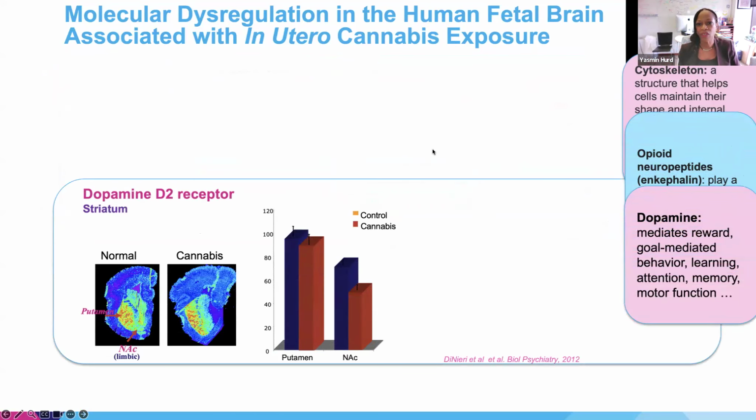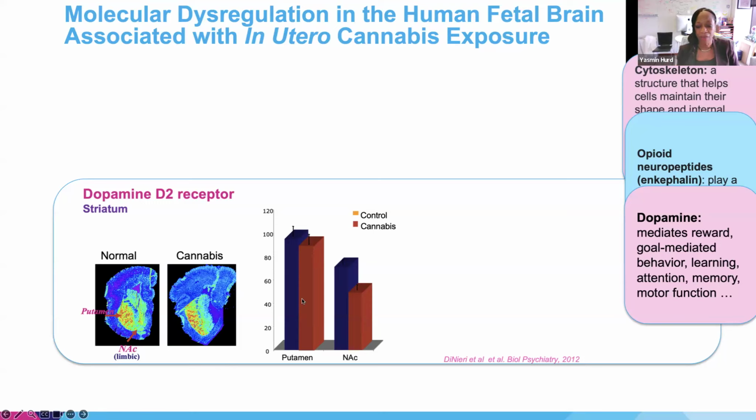We also see that in utero exposure to cannabis can change our endogenous dopamine system, and dopamine mediates reward, again, goal-directed behavior. But importantly, this reduction, for example, in the receptor that mediates the action of dopamine, often in adults with substance use disorders and a number of other related psychiatric disorders, there's this alteration in the dopamine D2 receptor. For many people it's the chicken and the egg: did these individuals have these impairments of the dopaminergic system before they use drugs?